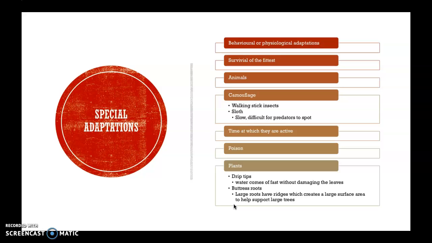Walking stick insects use camouflage because they literally look like sticks, so they can hide from predators. And sloths use the exact same approach: they have to hide from predators, also because they're so slow, so it's really important for them to have a defense mechanism that makes it difficult for predators to spot them.